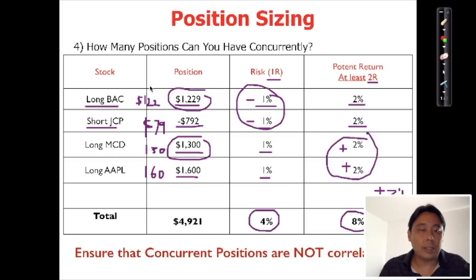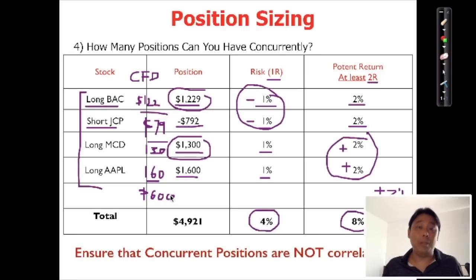So if I use CFDs, contracts for difference, you find that after taking 4 positions, I'm only using about less than $600 in cash out of the 10,000 I have, which means I still have $9,400 in cash to take even more positions.